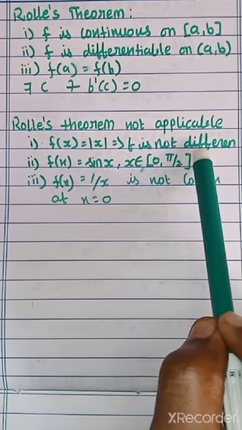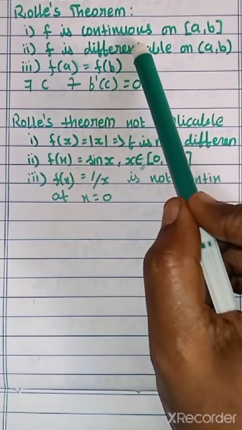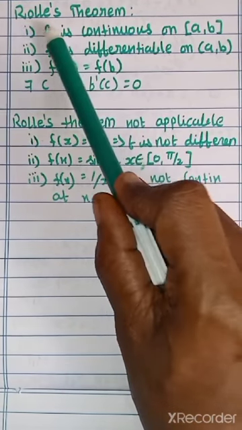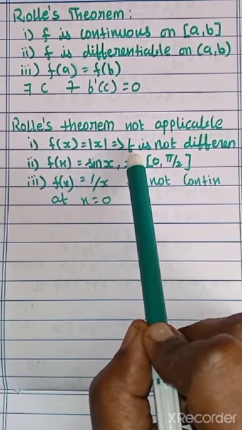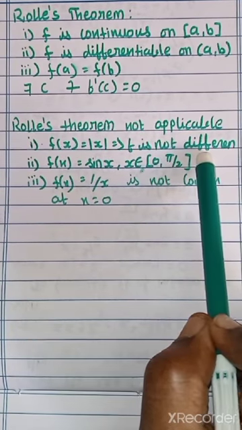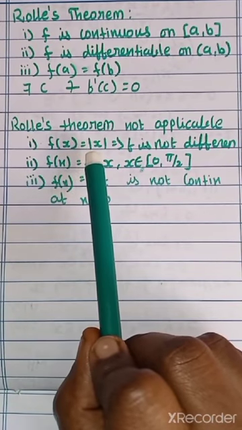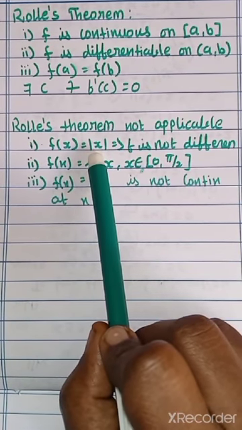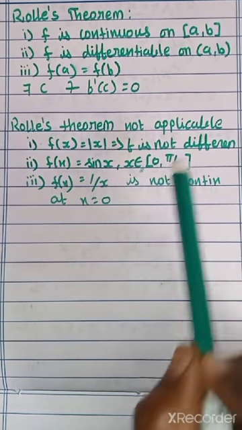So if f is not differentiable, Rolle's theorem is not applicable, because only if all these three conditions are satisfied can you say Rolle's theorem is applicable. But when one condition is not satisfied, then you can say Rolle's theorem is not applicable. So what is the first point? When mod is there, you can say that Rolle's theorem is not applicable.